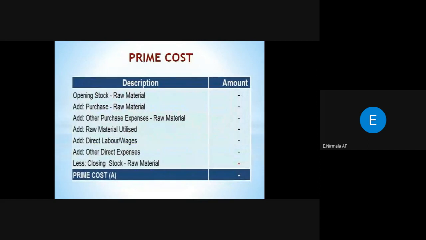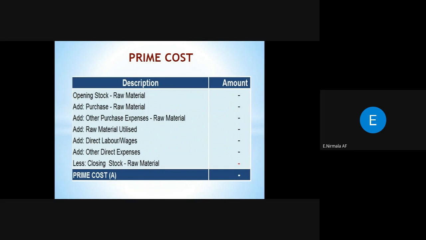Now, the next concept in the prime cost. In some questions, they will not give the direct material. Instead of that, they will mention opening stock of raw material, purchase of raw material and closing stock of raw material.